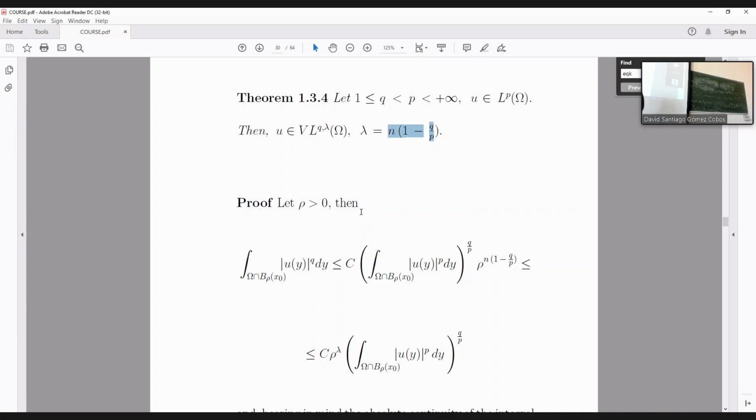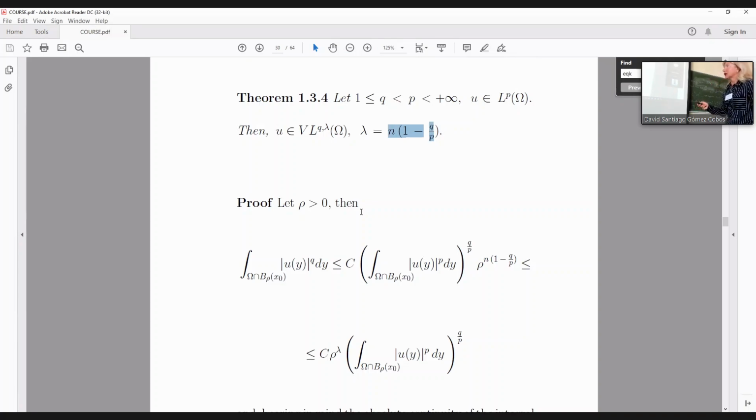Let rho be more than 0, then what do we have? As I said before, we start from the thesis. We consider u with exponent q. The integral in omega cap B x0 rho, for a generic x0 in omega, is bounded through the Hölder inequality by u with exponent p, because we apply Hölder inequality with exponent p over q and the conjugate.